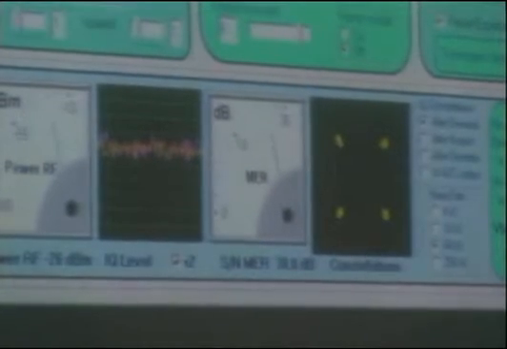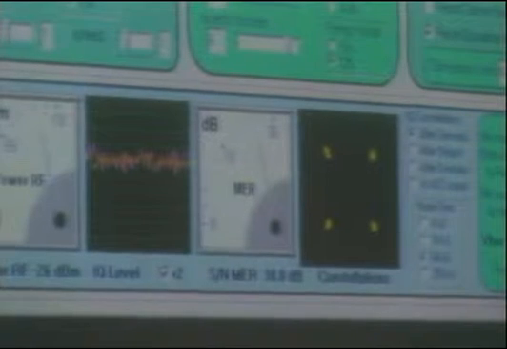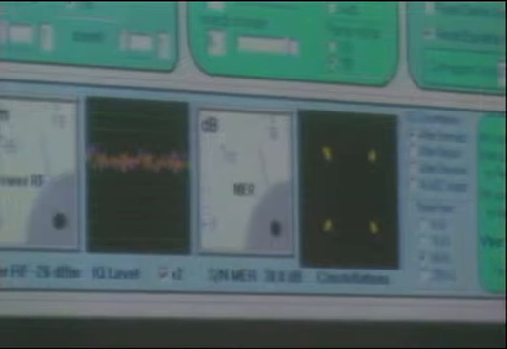It is called derotator because if I switch it off, I can show you, I have no time here, you will see the constellation turning and you will see a ring. And when you put it on, up, your constellation is fixed. And it has found the deviation. You see, 20 kilohertz, 30 kilohertz, is the real deviation.